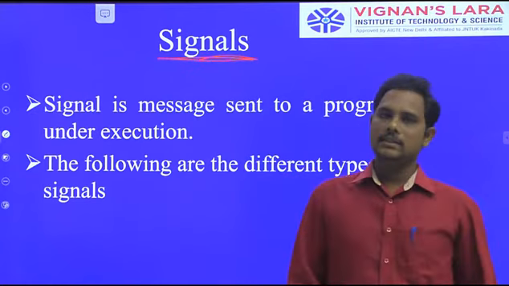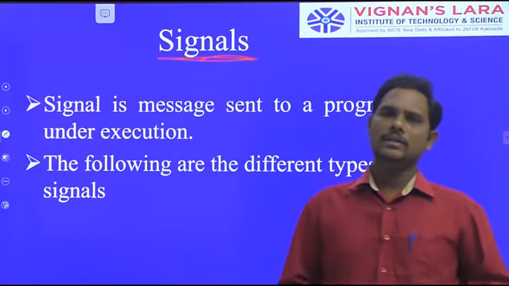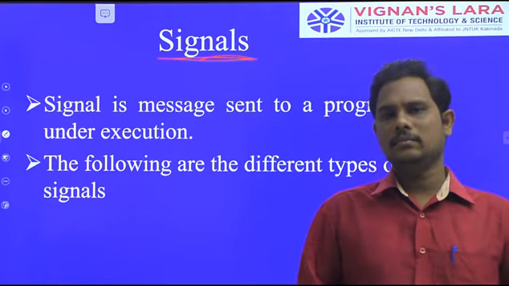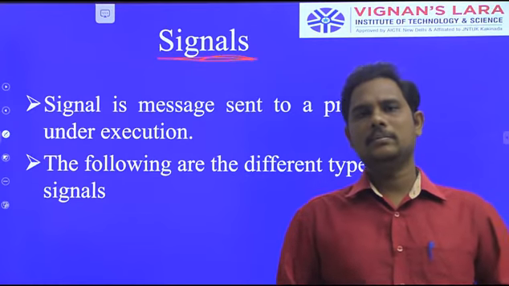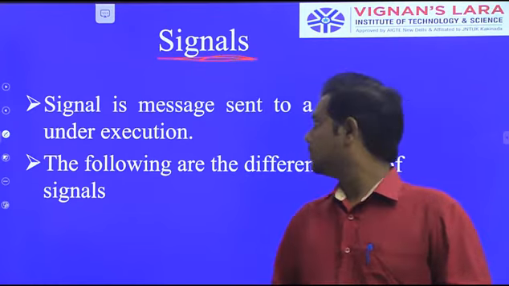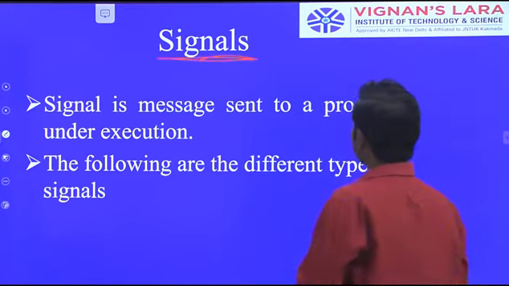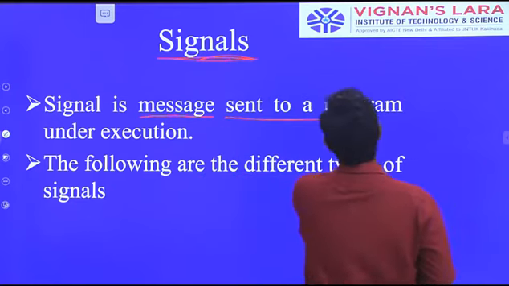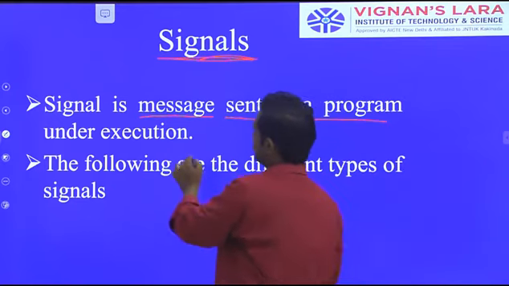A signal is a message. We already know this from data communication and EDC, some ECE subjects. Signals mean waves. Here the signal is a message sent to the program under execution.